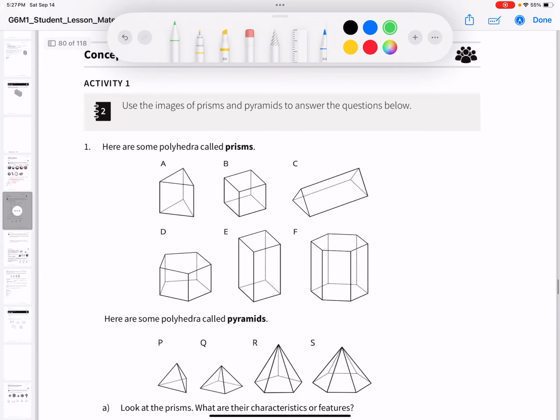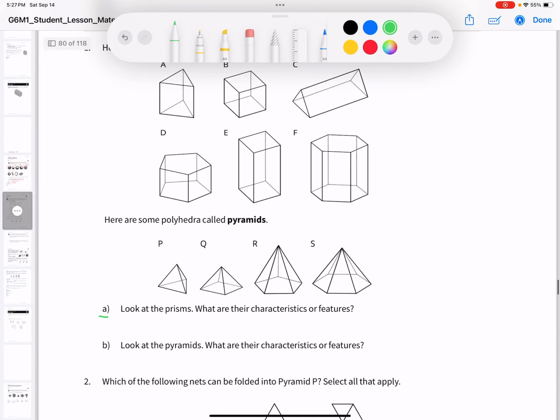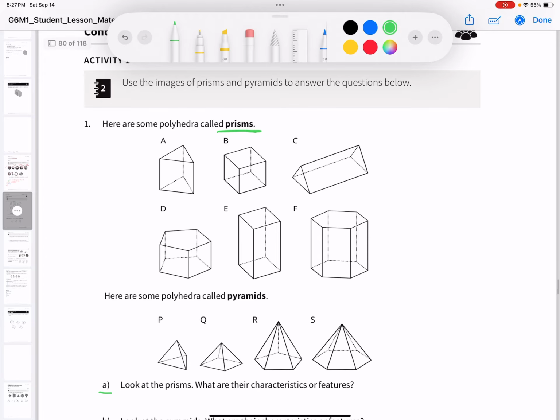Here are some polyhedra called prisms. All right. It says, look at the prisms. What are their characteristics or features? Okay, so when I look at them, I see that they all have a specific shape that is in all of them.